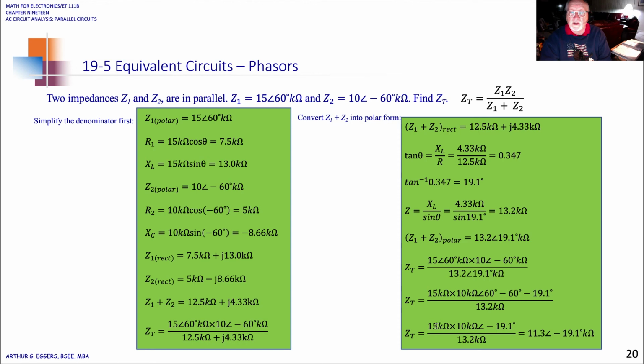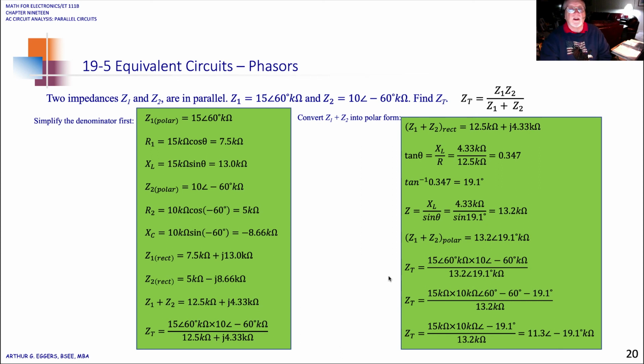Our magnitudes here become 15 times 10 k ohms at an angle of minus 19.1. The denominator has simplified to 13.2 k ohms. The phase angle remains as minus 19.1 degrees and a magnitude of 11.3 k ohms.